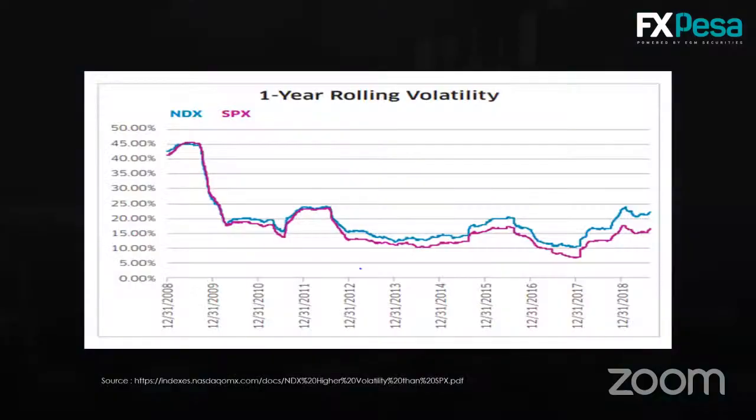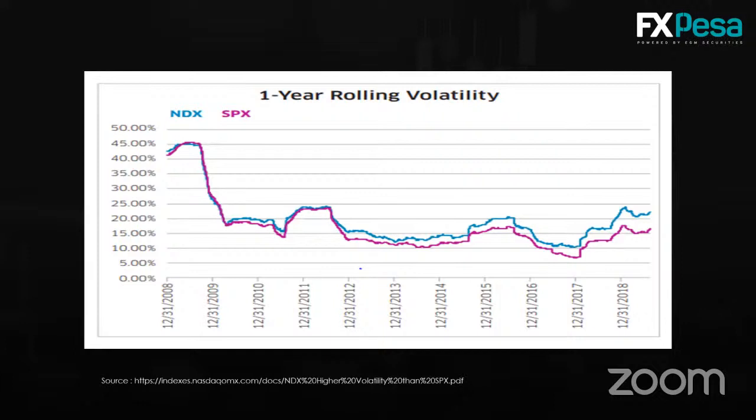So this is just a chart showing how both NASDAQ and S&P 500 have been performing. So the blue line is indicating the performance of UT 100 since late 2008 up to late 2018.